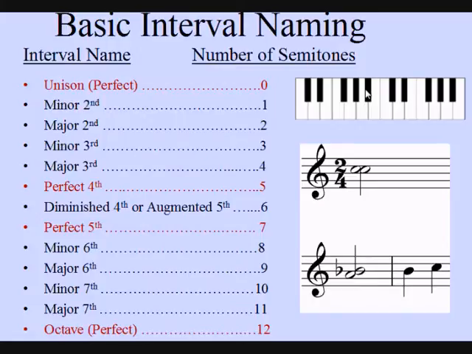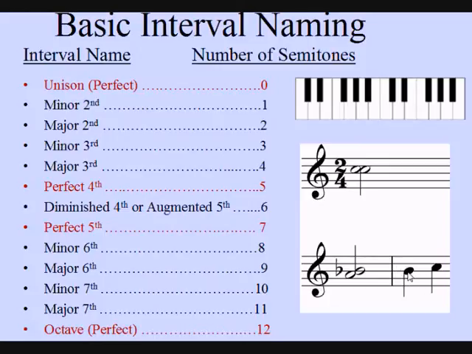From A to B flat there is 0, 1 semitones distance. We know it's a second and it's got 1 semitone distance. We look at that and we look at that, and this is a minor second.